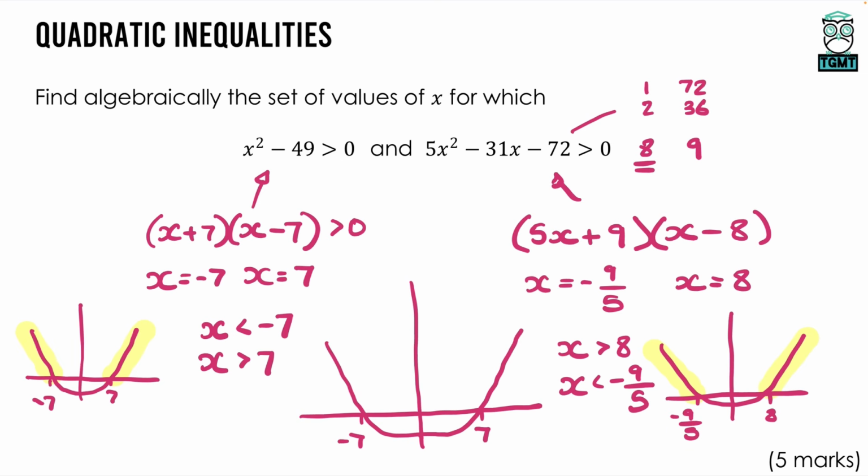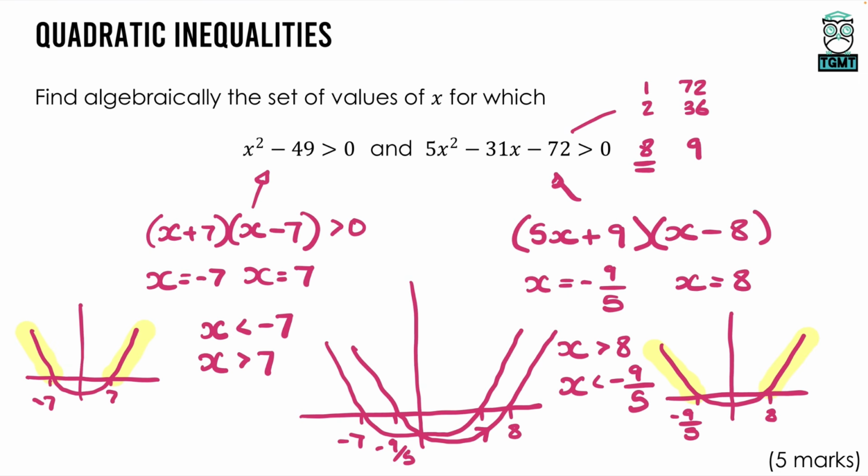The second one, and not worrying too much about the height or the depth that the curve goes, more just looking at the x coordinates here. Negative 9 over 5 is greater than negative 7, but 8 is greater than positive 7. So it would kind of overlap and would have another curve like this, where we have the 8, and over here, the negative 9 over 5.